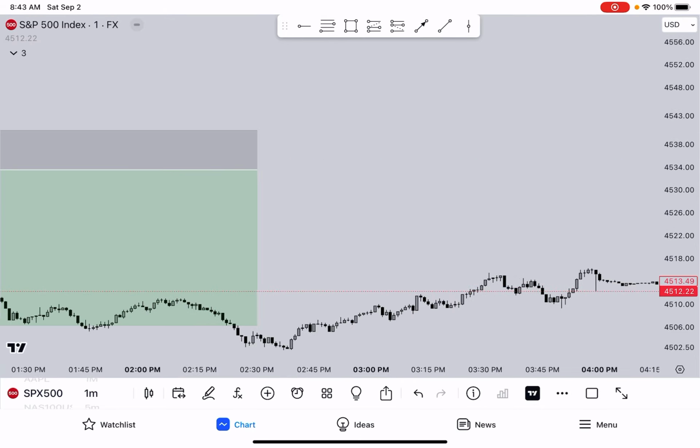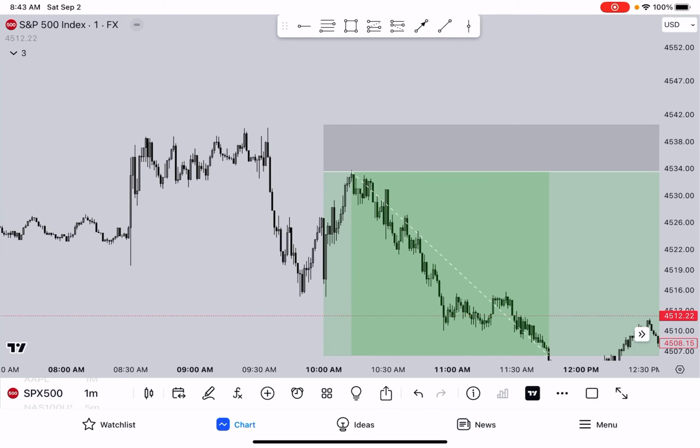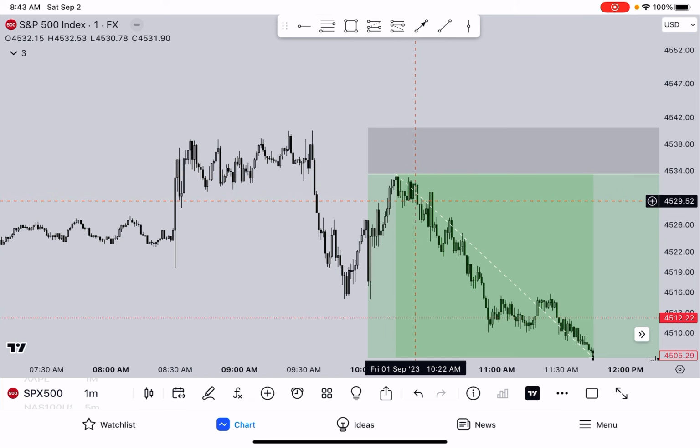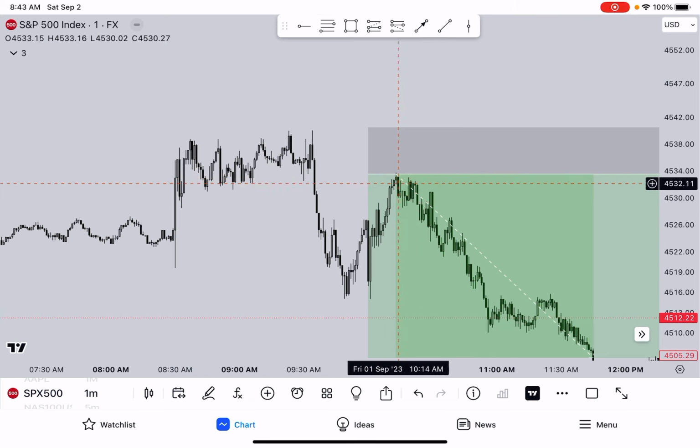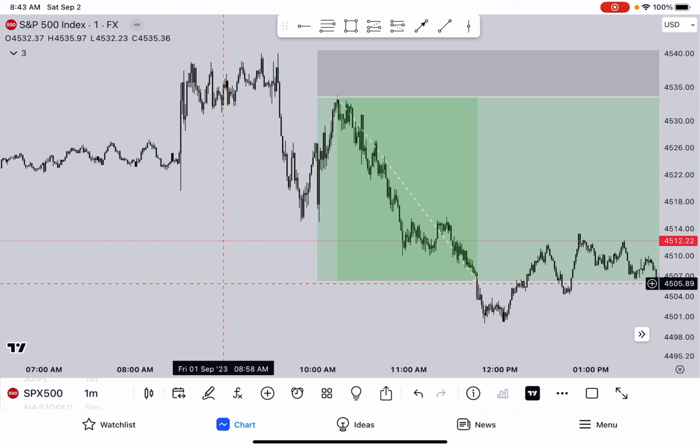I was on the 1 minute. Market pushed down, so I caught some entry here around 10 o'clock, 10:20-ish. And we sold off into those double bottoms. Perfect.